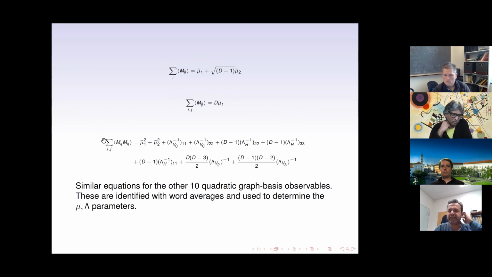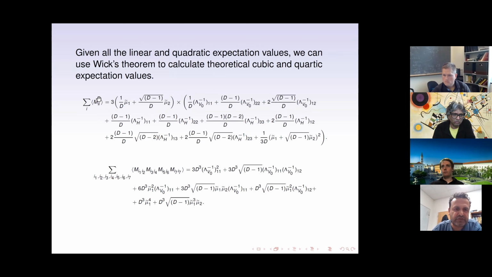And once you've done that, you can write down the 2-point functions for the graph theory observables, by doing the change of basis using Clebsch-Gordan coefficients, and you get some expressions which are functions of these coupling constants, mu for the linear terms and lambda for the quadratic terms. And then you can also get expressions for the cubic terms and the quartic terms.